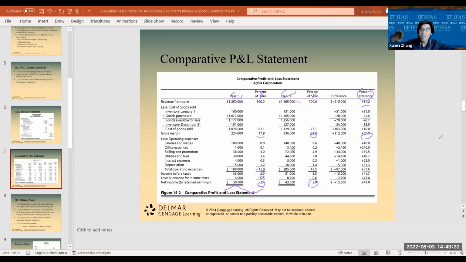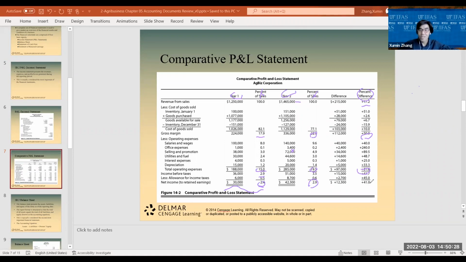That means our sales go up. We have the 15% total operating expense become 19.5%, right? You have to spend money, for example, on advertisement and marketing, and then you spend more, sell more. Whether the advertisement or those marketing campaigns are effective, it seems good.